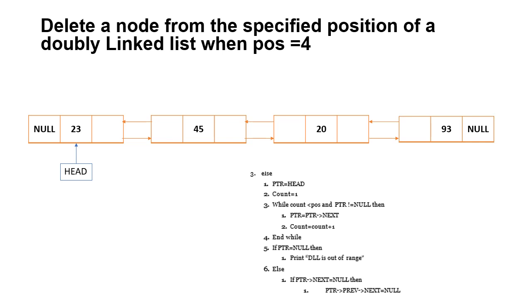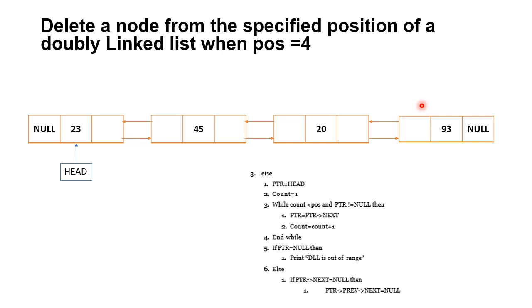Now let us discuss the next case, that is we have to delete a node from position equal to 4. So here this is position equal to 1, this is 2, this is 3 and this is 4. So for deleting this particular node, we have to assign a pointer and traverse the pointer till we reach this node, and then you can delete this particular node.